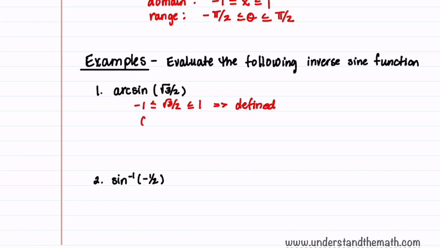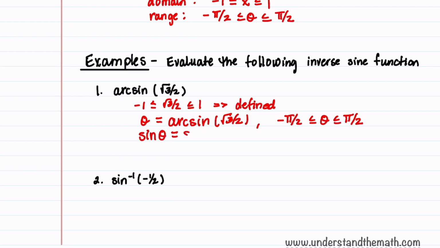We'll let theta be equal to arcsine of √3/2, and we'll remind ourselves that we need to choose theta to be between -pi/2 and pi/2. We'll take the sine of both sides, so the sine of theta is the sine of arcsine of √3/2.